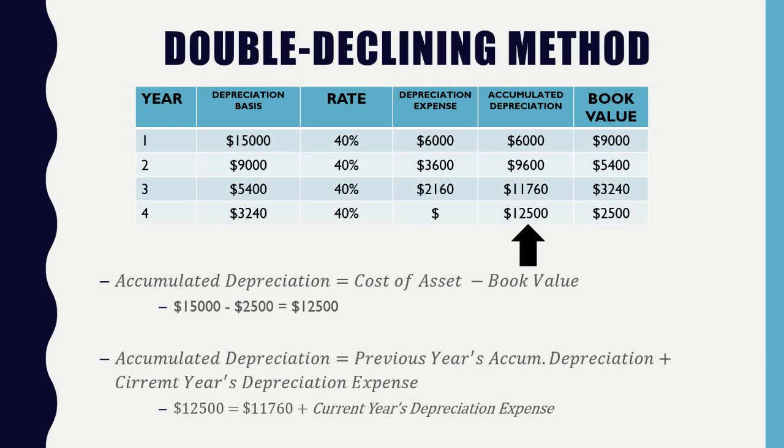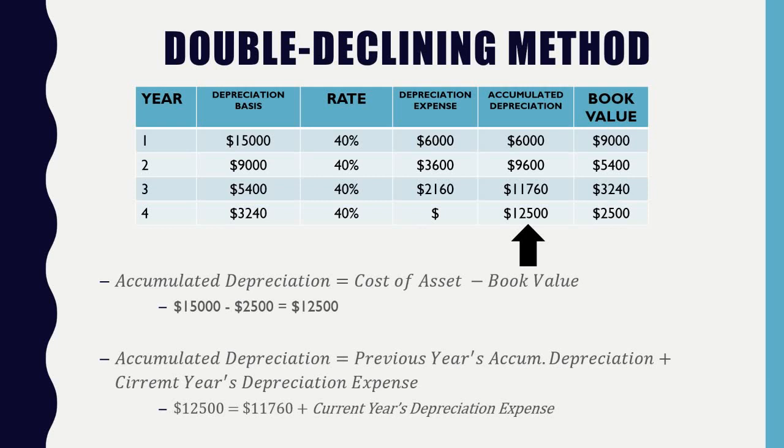So again, we needed to work one more formula backwards because our goal is we need to know how much we're going to need to depreciate for year 4. So how do we solve for year 4? Well, we know that the accumulated depreciation is going to be the previous year's accumulated depreciation plus the current year's depreciation expense. So once again, plug in what you know.